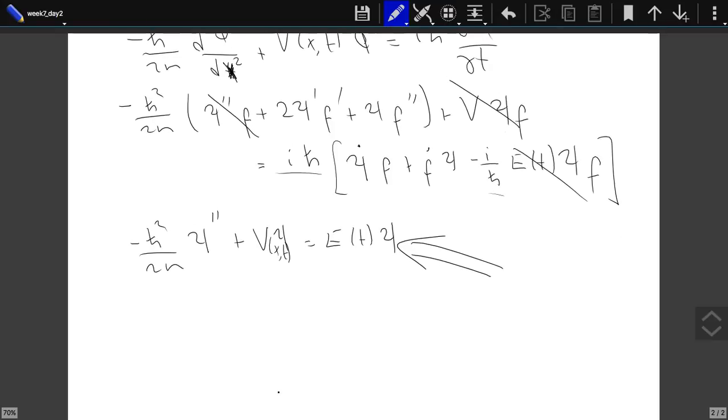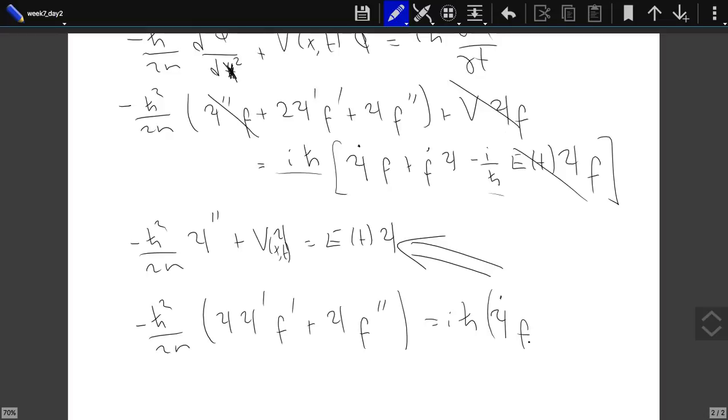So I have that cancellation, minus h bar squared over 2m, 2 psi prime f prime plus psi f double prime should be equal to i h bar, psi dot f plus f dot psi.